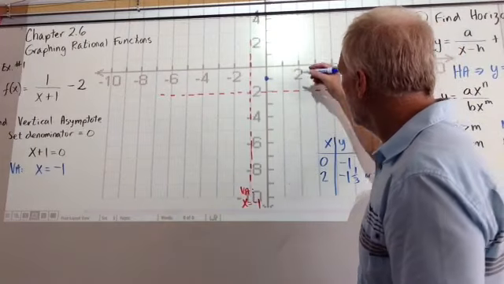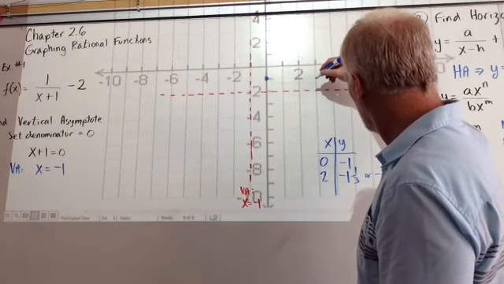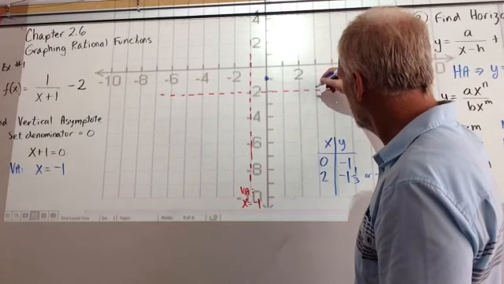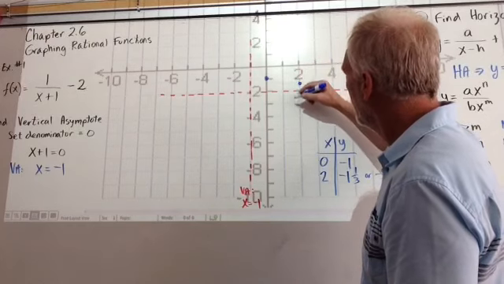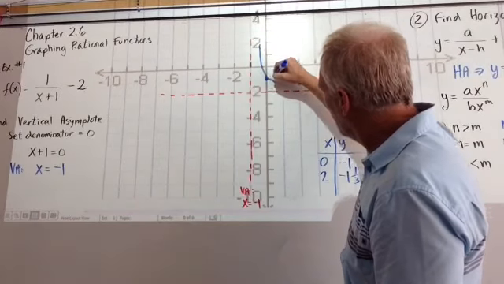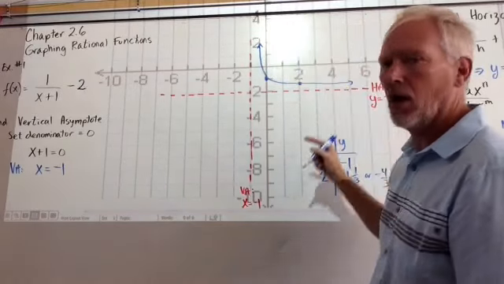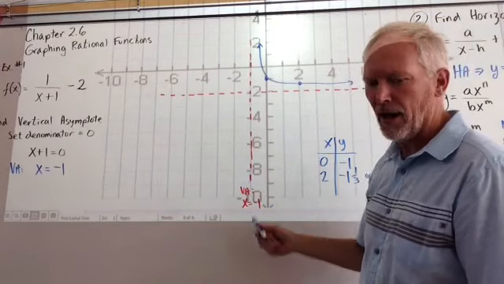So at 2, negative 1 1/3, which would be there. And so we would see that this graph comes down in this sweeping manner and starts to hug the asymptotes. All right, let's go to the left side now.